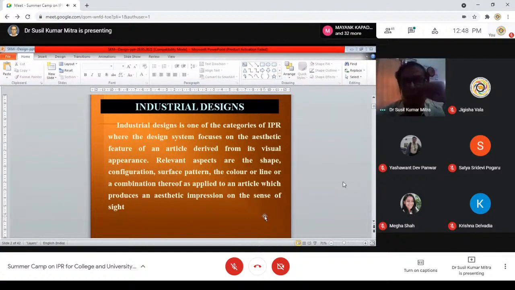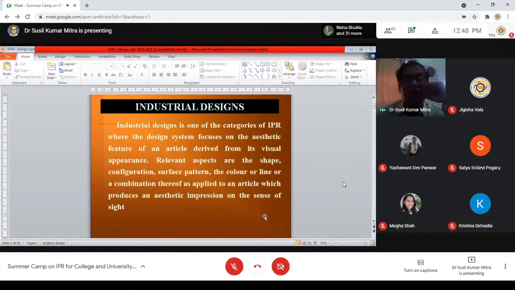Whenever I am selecting a television or mobile or a bottle or a container or any article, the aesthetic beauty also plays a key role in selecting my product apart from the technology part. And the aesthetic beauty applied on the article alone can be protected under industrial design.